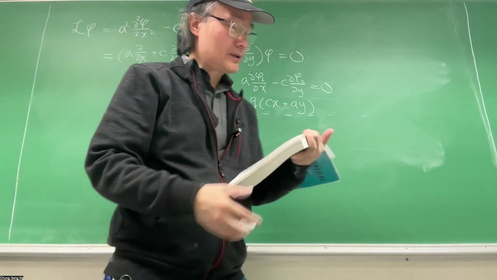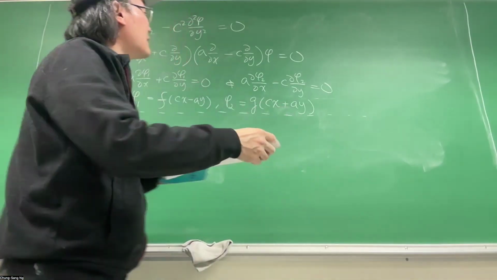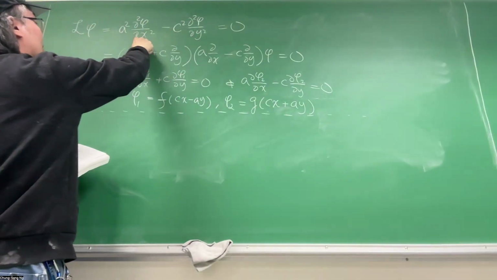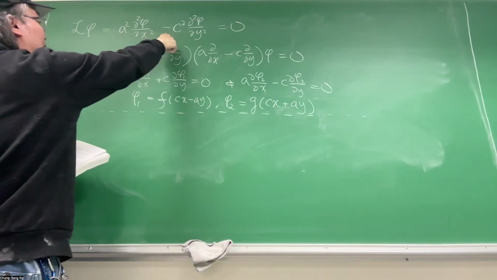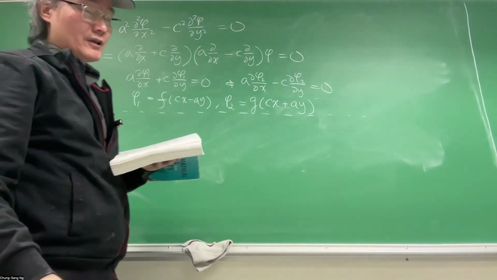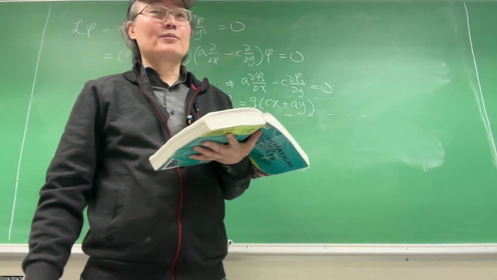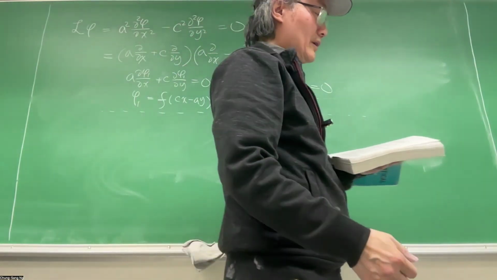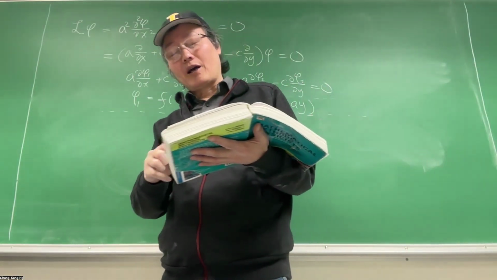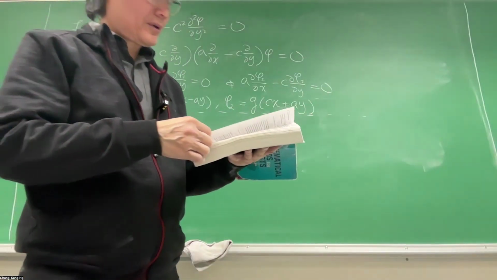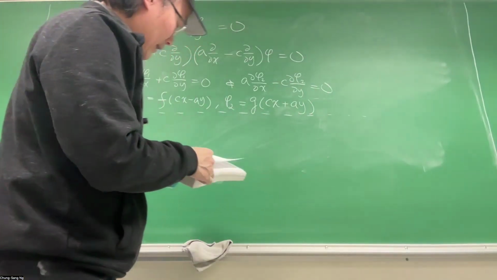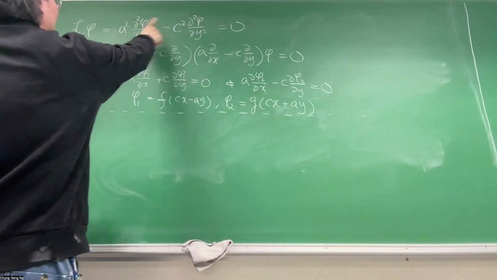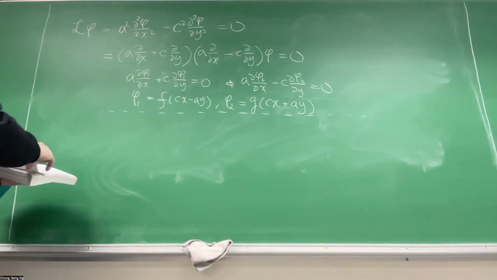This is what we call the hyperbolic problem, because if you treat this like a squared x squared minus c squared y squared equals a constant, that would be the equation for a hyperbola, generally a hyperbola. That kind of form is called a hyperbolic equation.